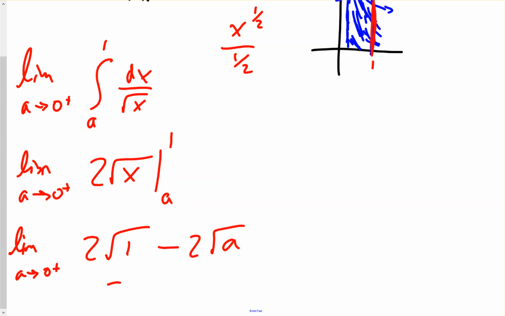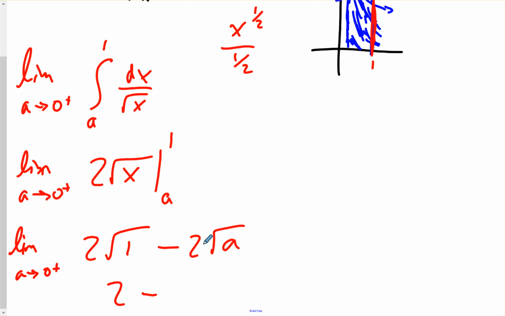So that becomes 2 minus. So if we go towards 0, right, and the square root of a, that goes to 0, right? Square root of 0.5, square root of 0.2, 0.1, square root of 0.01, right?